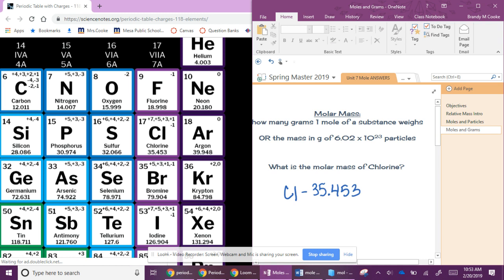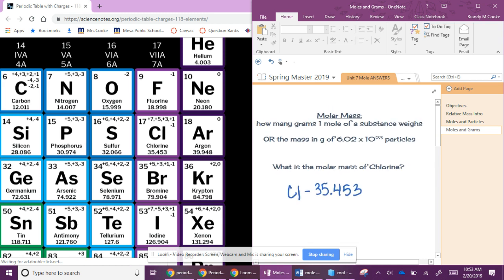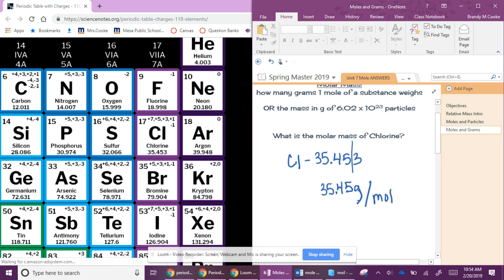Now, if you are my student, then Mrs. Cook says that the rule is we have to round to the nearest hundredth place, so 2 decimals in every answer. So I'm going to round here. 3 doesn't change the 5, so I'm going to have 35.45 grams per mole.